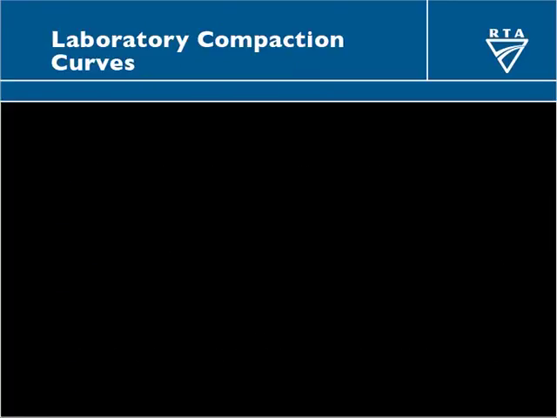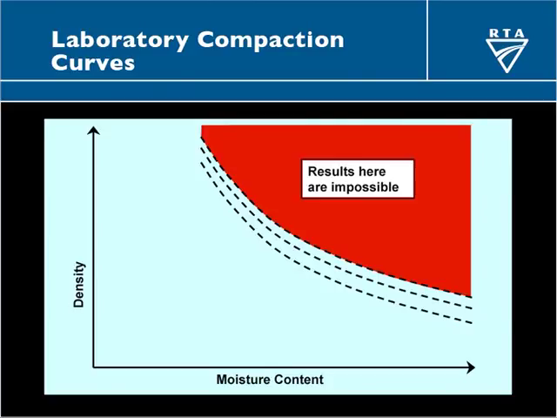Now, when we do this, we can plot the results on the same sort of graph as we've already discussed, and you can get a variety of different curves. If you have a heavy clay, you'll have a relatively low density and a relatively high optimum moisture content.